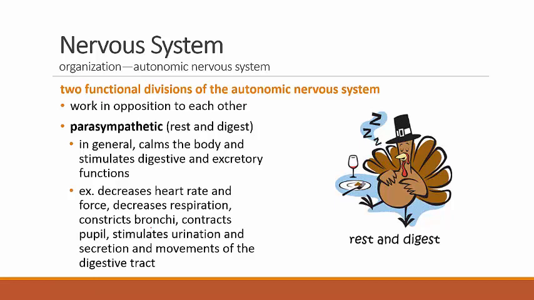Peripheral nervous system further subdivided into the somatic and autonomic nervous systems, and the autonomic nervous system further subdivided into the sympathetic division and the parasympathetic division.